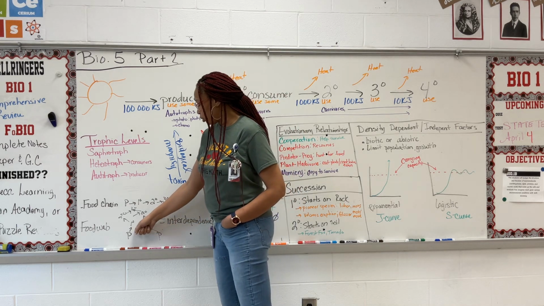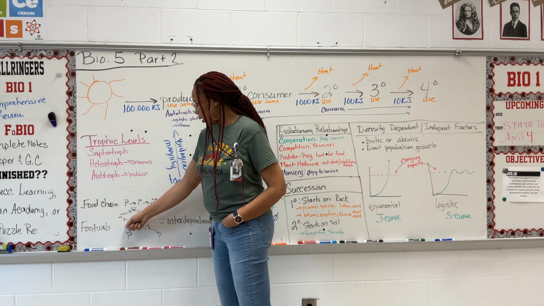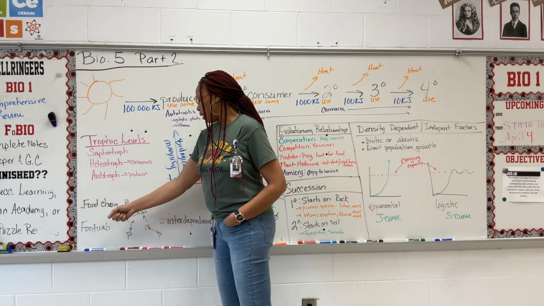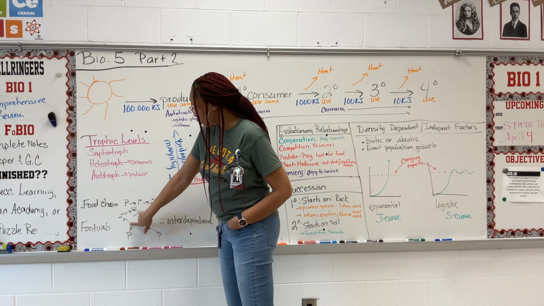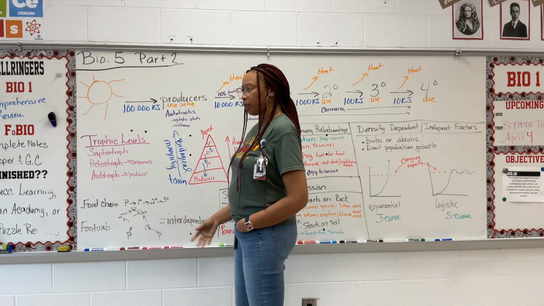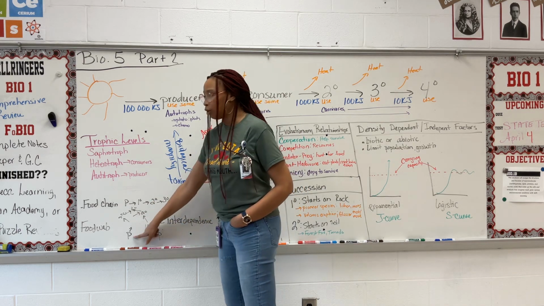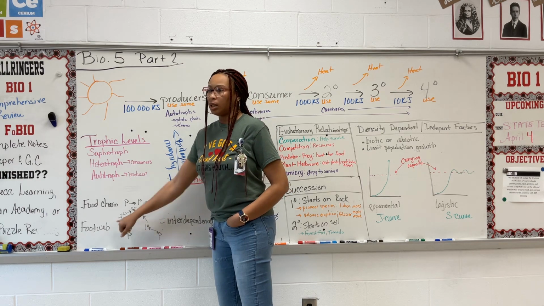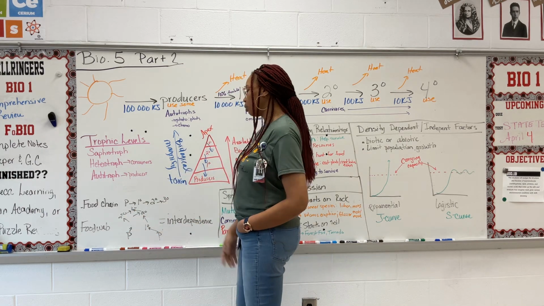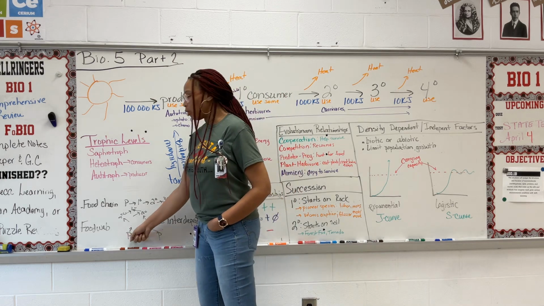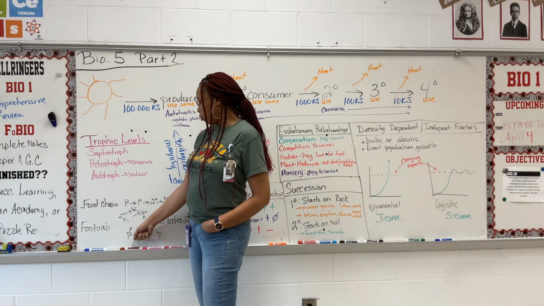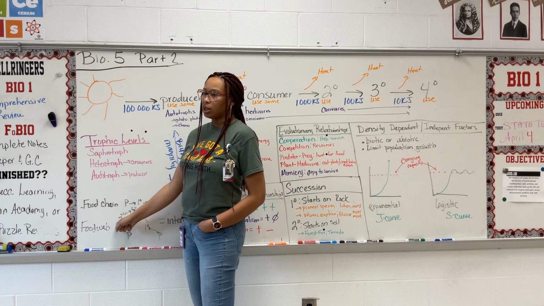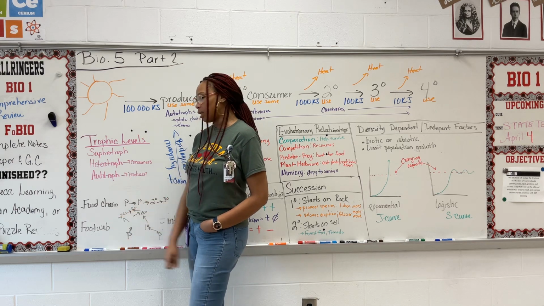So if a producer is fed on by a particular primary consumer, and then that was fed on by a secondary consumer, if you were to get rid of this primary consumer, the immediate effect would be an increase in the population of the producers, but a decrease in the population of the secondary consumer. Why? Well, the producers don't have something eating them, so they're going to grow more, but the secondary consumer just lost the food source, so that's going to increase competition.